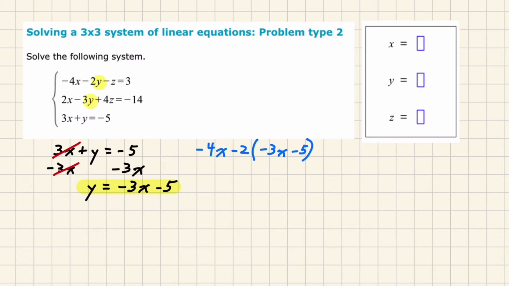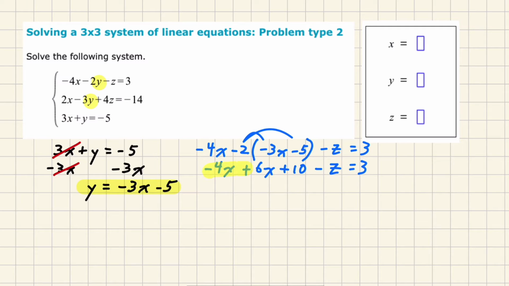The rest of the equation has us subtracting z and being equal to 3. From here I can distribute, bringing down the minus 4x, negative 2 times negative 3x, a plus 6x, negative 2 times negative 5, a plus 10, bringing down the rest.